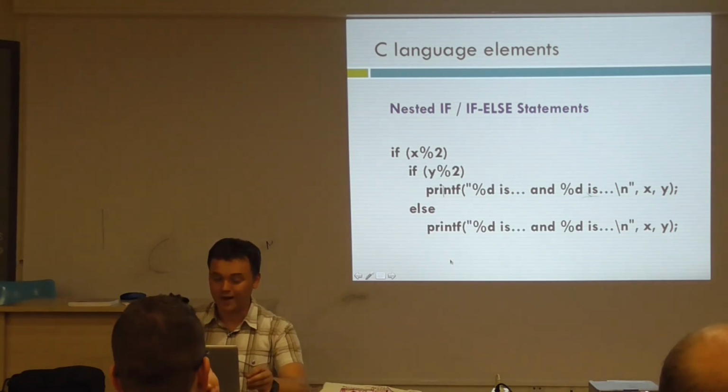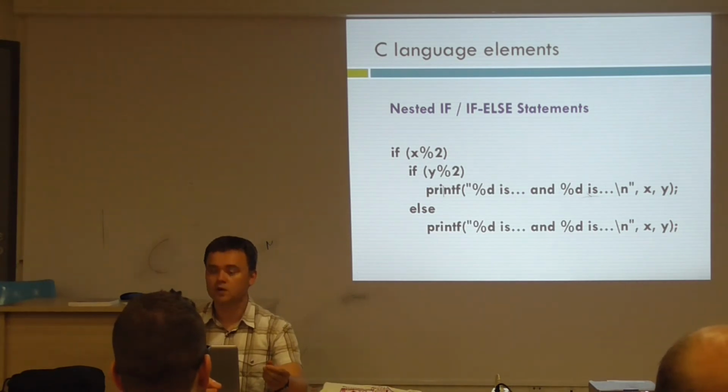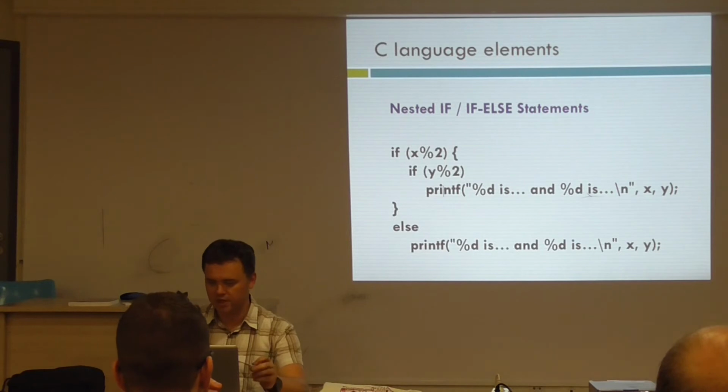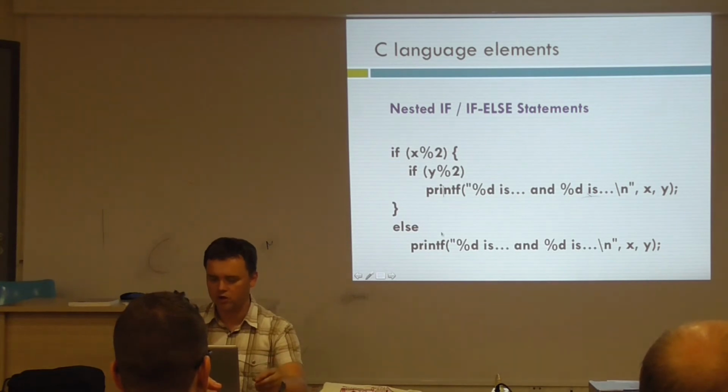But what to do if you want to associate this else with the first if? The idea? Good. Very good idea. We can put the second if into a block.